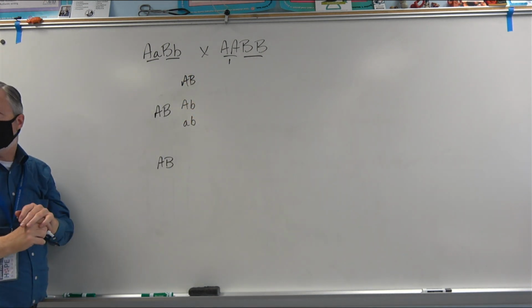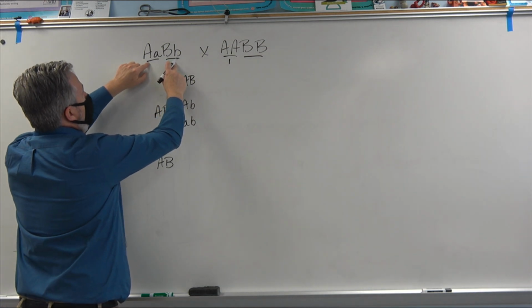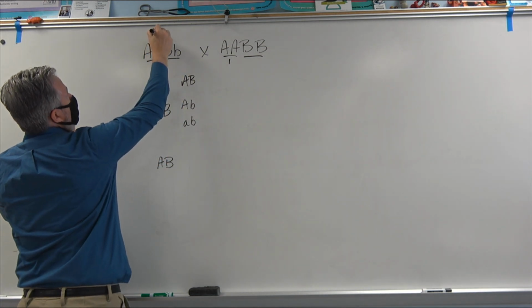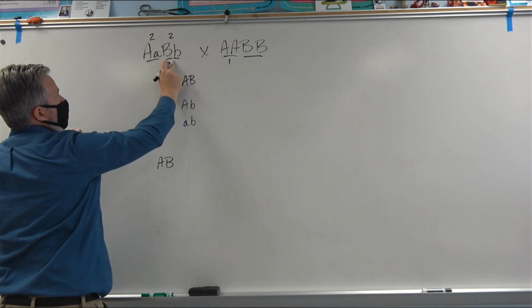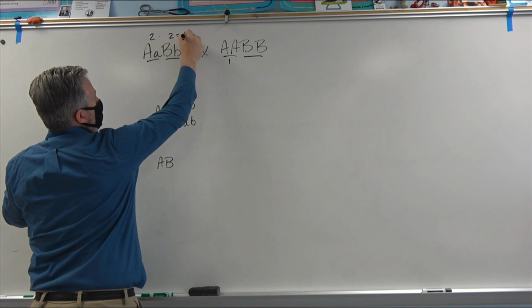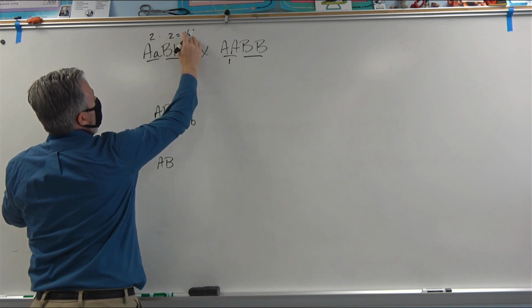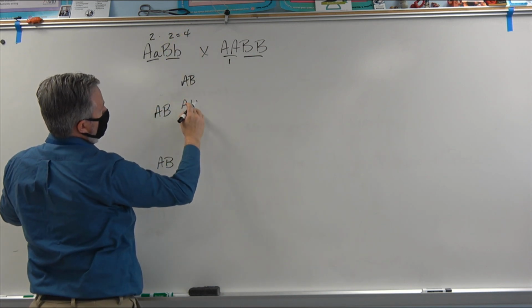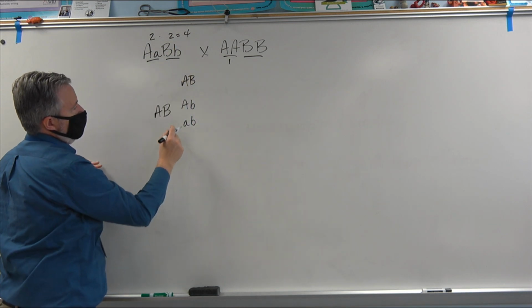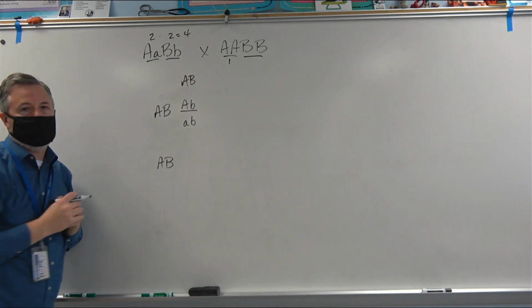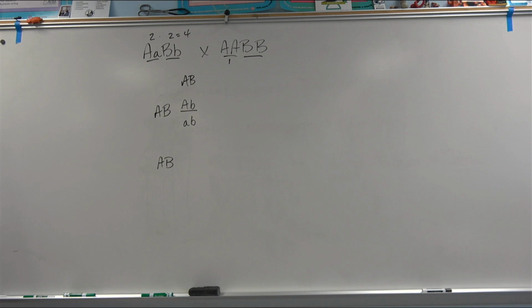I know it can make 4 gametes because there's 2 options here and there's 2 options there. So that means I can make 4 different types of gametes, right? But of those 4, how many of the little a or big A, little b do I get?